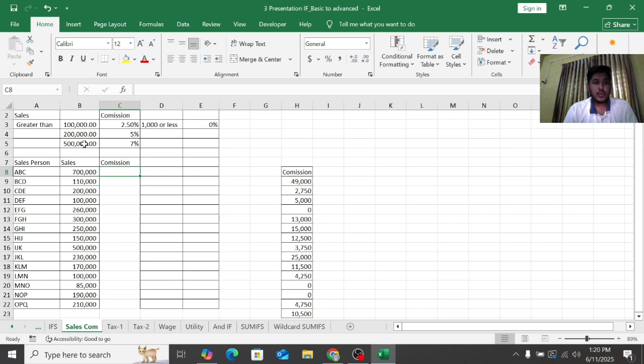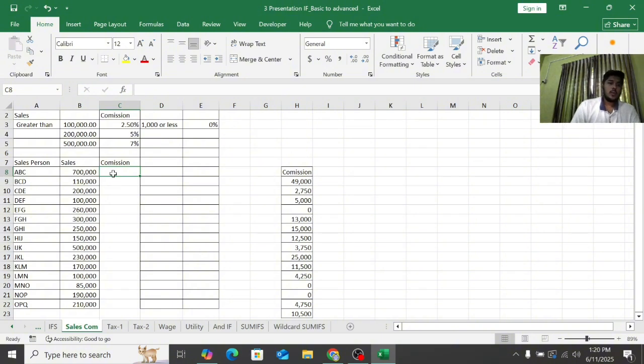If he sells more than 2 lakh, he gets 5%, and if 5 lakh, he gets 7%. If less than 1 lakh, he gets no commission. So these are the conditions, or constraints, applying which we're going to calculate our commission.